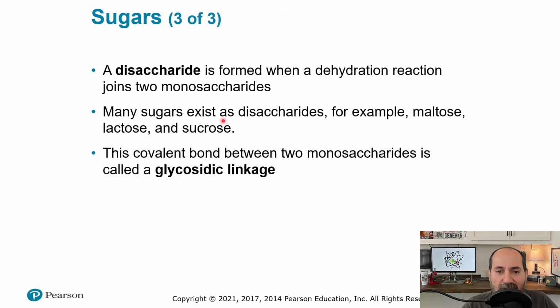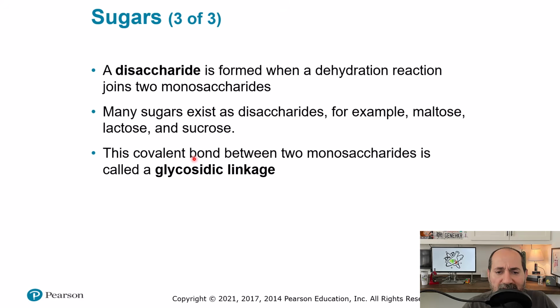And many sugars exist as disaccharides. So, for example, maltose is a disaccharide of 2 glucose molecules linked together. Lactose is a disaccharide of a glucose and a galactose. Sucrose, or table sugar as you know it, the same stuff you put in your coffee, is a disaccharide of glucose and fructose. So these are common disaccharides that just exist as disaccharides.